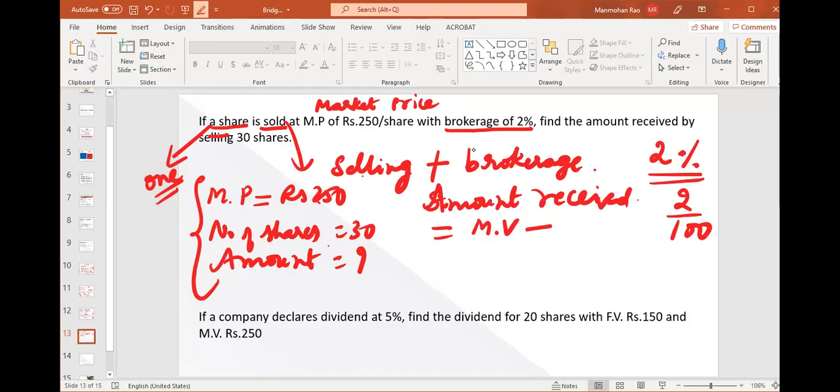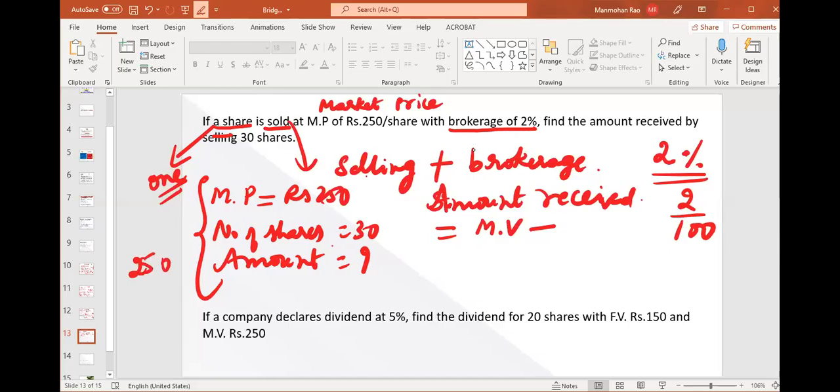If you are paying 2 rupees brokerage charges, then you have to deduct. For example, if the broker is taking 2 rupees, then you subtract from 250: 250 minus 2, which is 248 rupees, is the money you get. If the broker is taking 3 rupees, then it is 250 minus 3, that is 247, what you get.